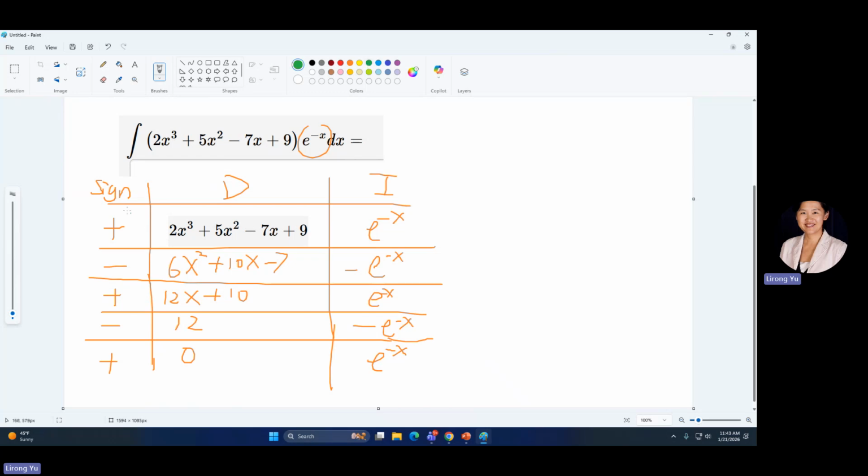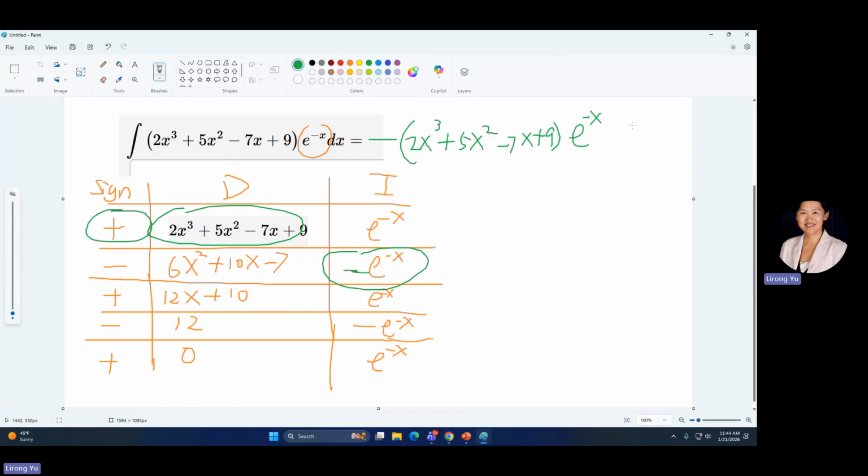We follow the sign, this one, and then times that one. There's a negative sign there, so the overall thing is going to be negative: negative 2x cubed plus 5x squared minus 7x plus 9, and then e to the negative x.